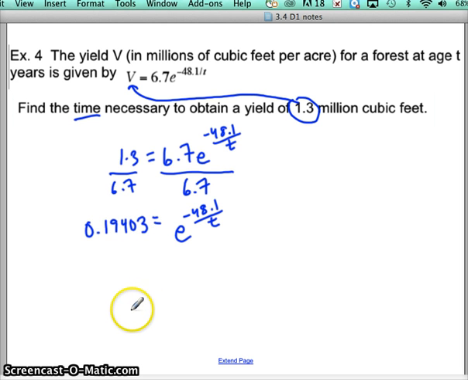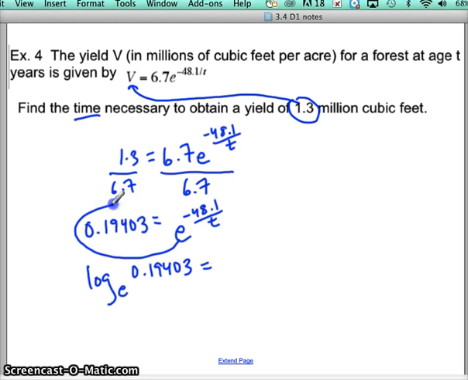Okay, now we have the exponent isolated, so now we're going to swoop. It's going to turn into a log base e of 0.19403 will equal negative 48.1 divided by t.